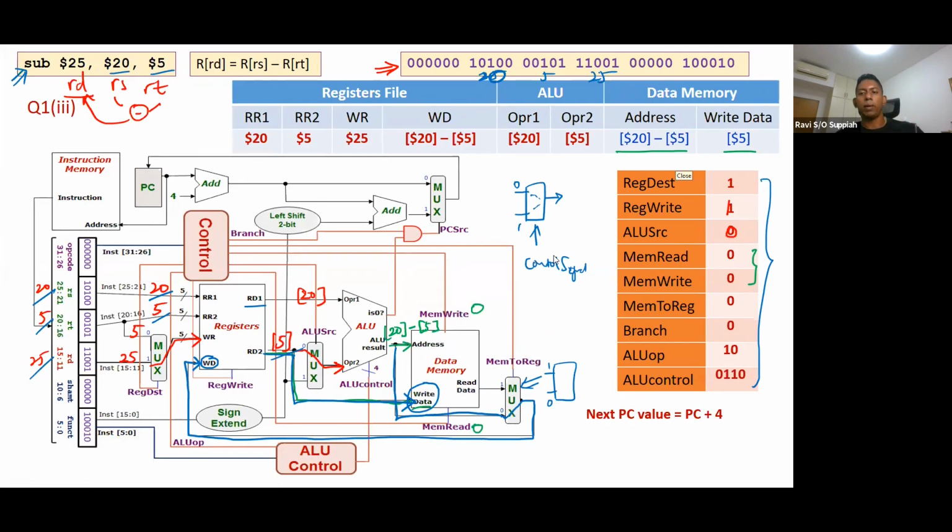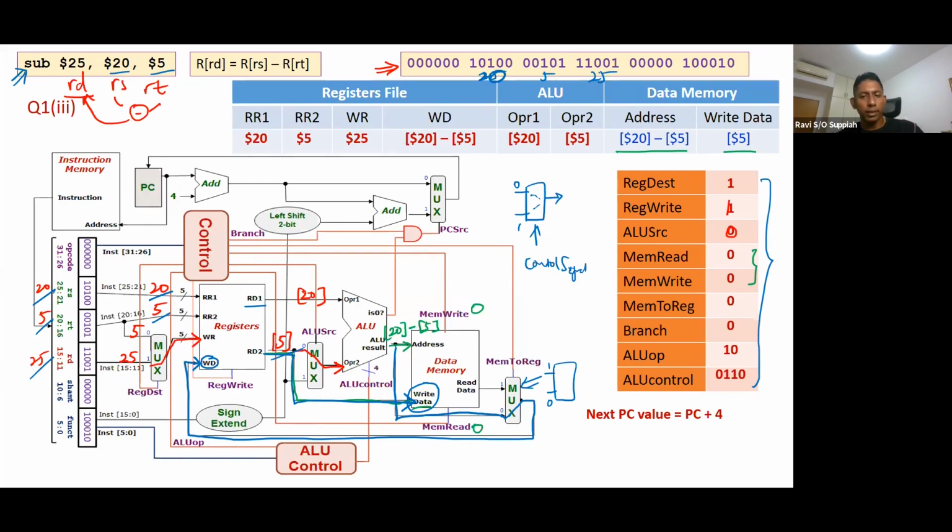The objective of the control signals: memwrite and memread basically tell whether you are going to perform any memory write or memory read operation. If memwrite is 0, then whatever data is on the write data bits of the memory, you will ignore it and not do anything.